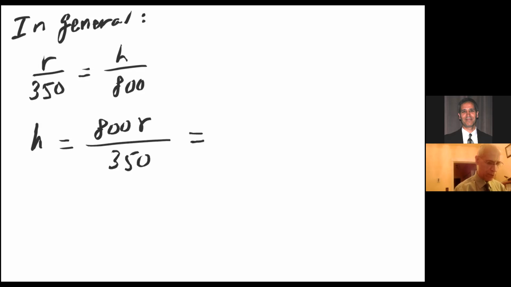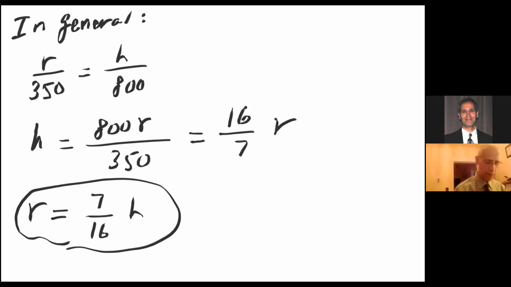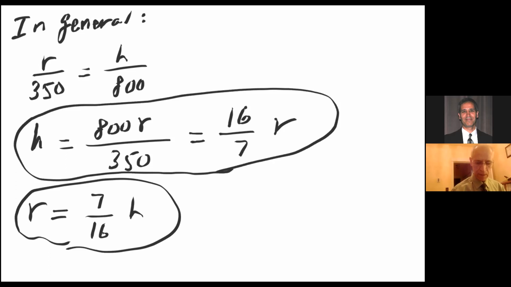Simplify that, the zeros drop. Dividing by 5, I get 16 over 7 R. And if I solve for R, I get R equals 7 over 16 H. Let's save this also. Going to the next page.